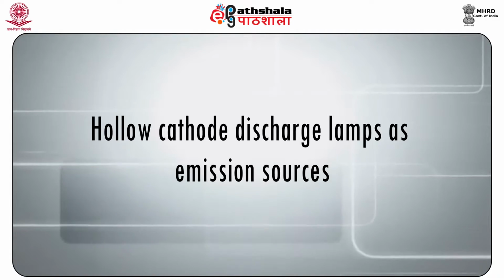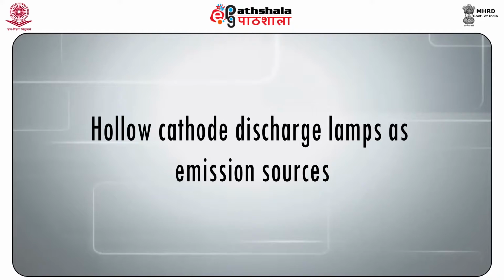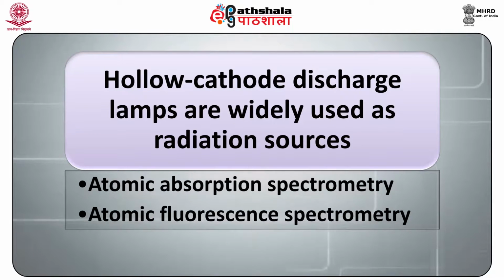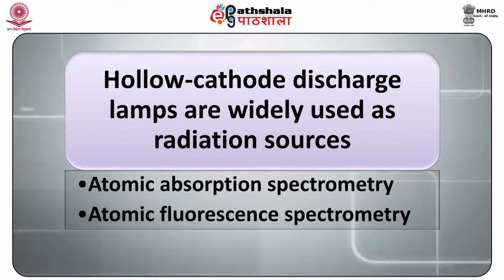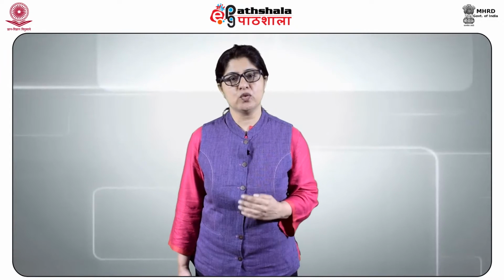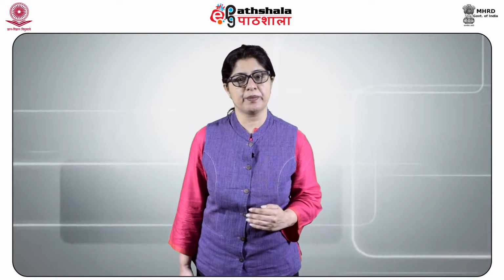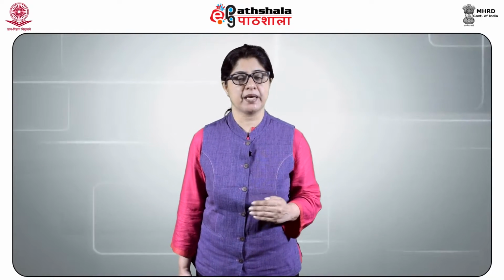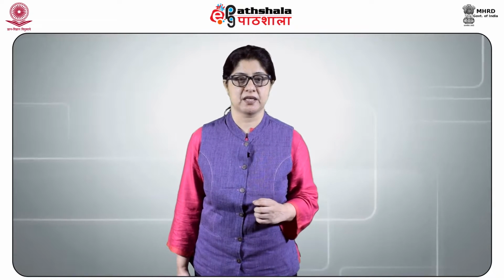Hollow cathode discharge lamps as emission sources. Hollow cathode discharge lamps are widely used as radiation sources for both atomic absorption and atomic fluorescence spectrometry. Their use in atomic emission spectroscopy has been limited despite some attractive characteristics. The hollow cathode lamp consists of two coaxial cylinders.